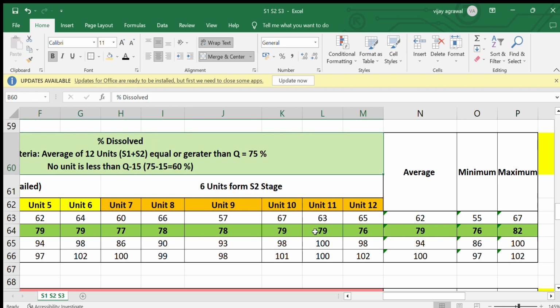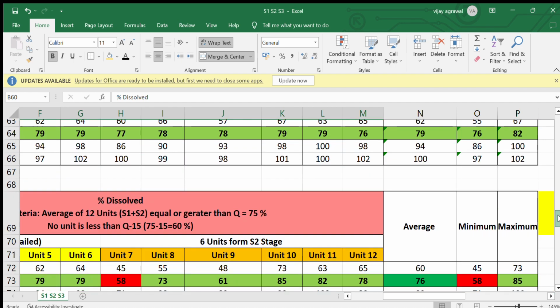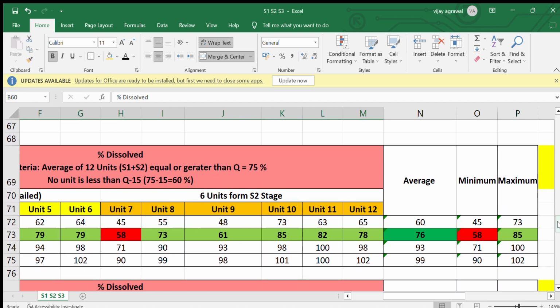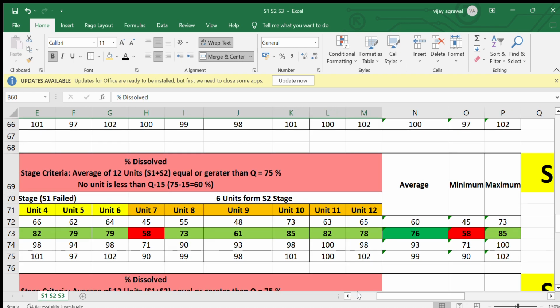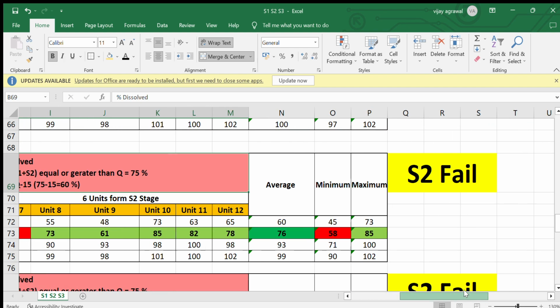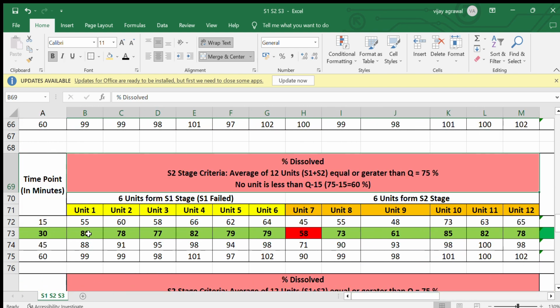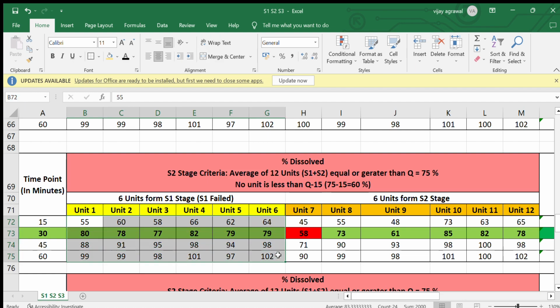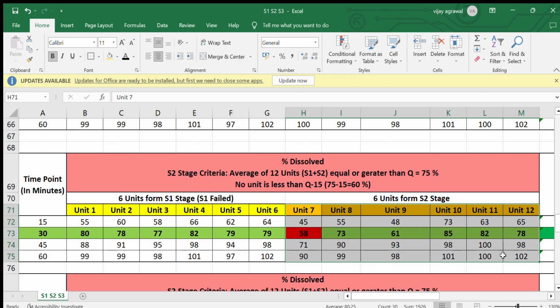Now for your understanding, another example we will take where the S2 stage is failing. And here it is the example. Failing S2 stage. Now this data is taken from S1 stage and you have taken 6 units and tested. So one of the units is coming 58% at 30 minutes and it is below 60%.